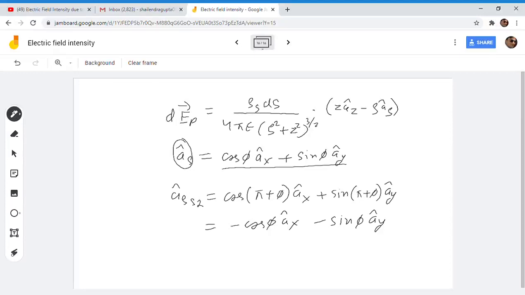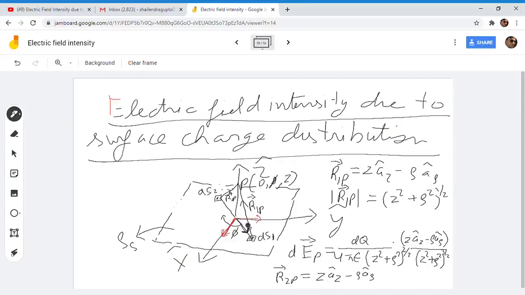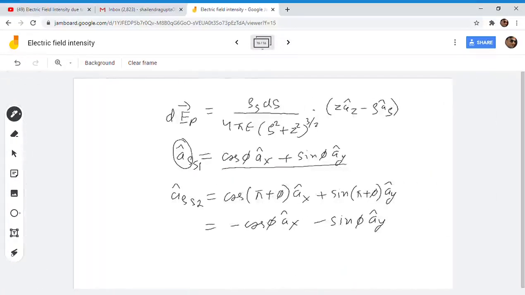No? So we can see this unit vector a rho s1 and unit vector a rho s2 are just opposite to each other. Okay, so what will happen, this rho component will be cancelled out when we take the effect of both differential surfaces, which are placed just opposite to each other.